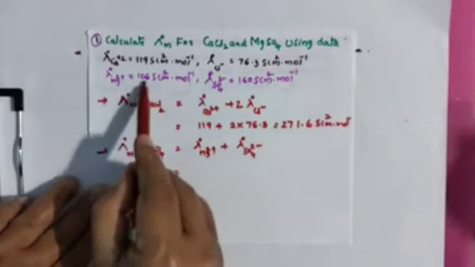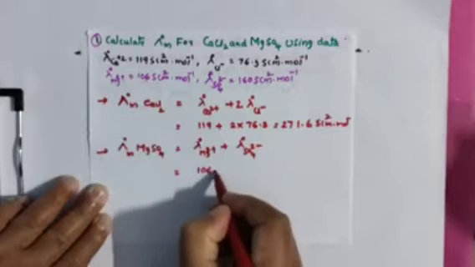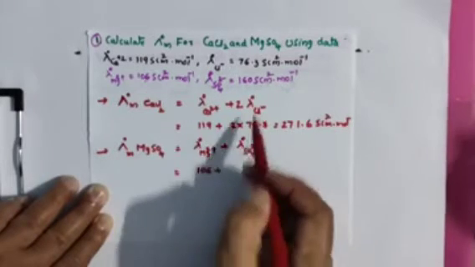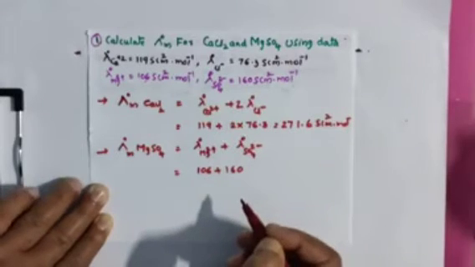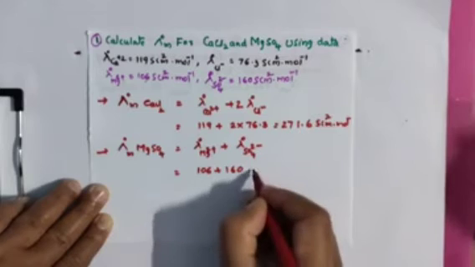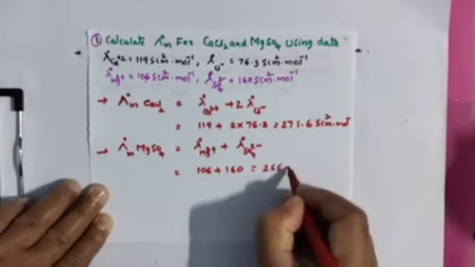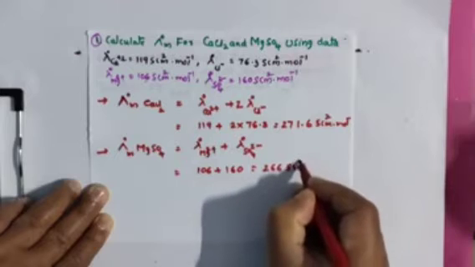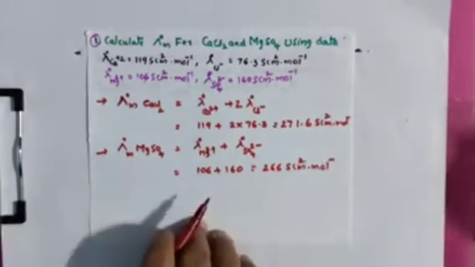Values given: magnesium 2 plus 106 plus sulfate 160. 106 and 160, that is equal to 266 S cm² mole inverse.